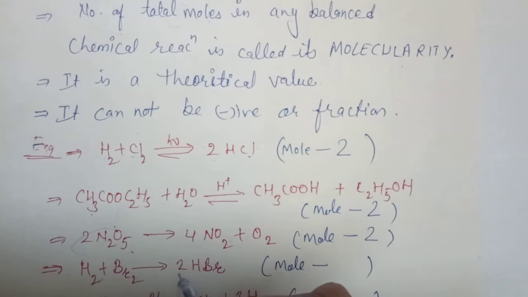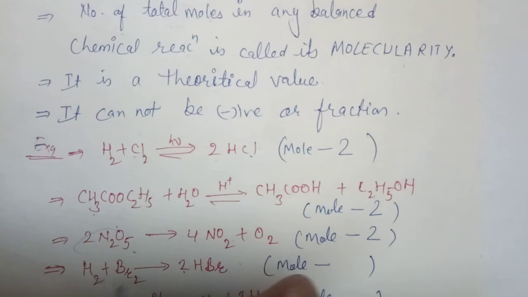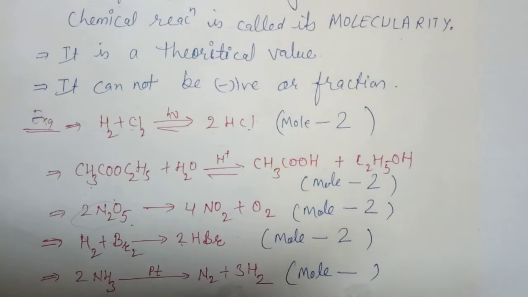H2 plus Br2 is equal to 2 HBr. Here also 2 molecules take part, so its molecularity is also 2. 2 NH3 in the presence of Pt gives N2 and 3 H2, the decomposition of ammonia. Here 2 molecules are taking part, so its molecularity is also 2.